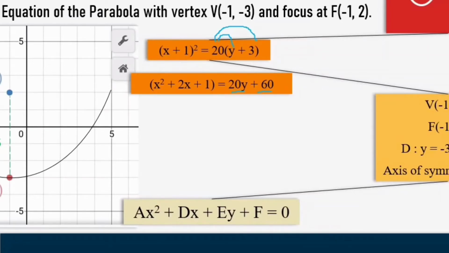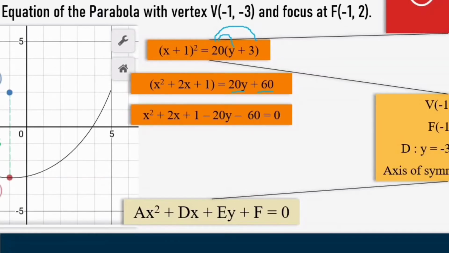Kaya we get 20y plus 60. Remove natin ang parenthesis and transpose natin lahat ng terms na nasa right side to the left side of the equation. We have x squared plus 2x plus 1 minus 20y minus 60 is equal to 0.